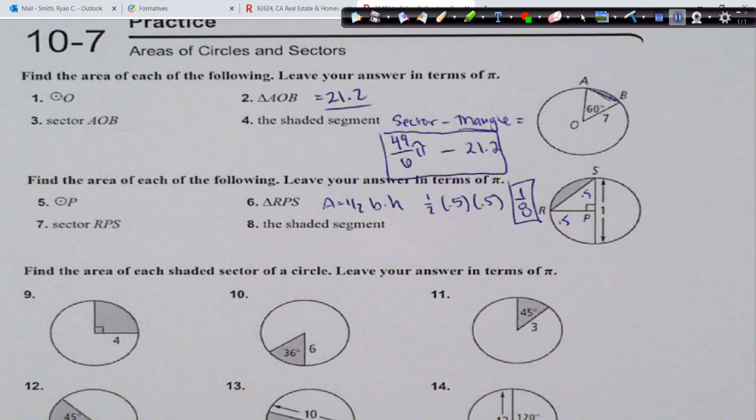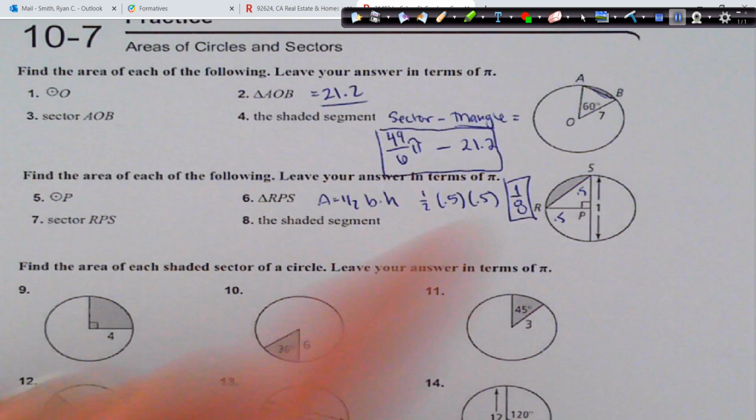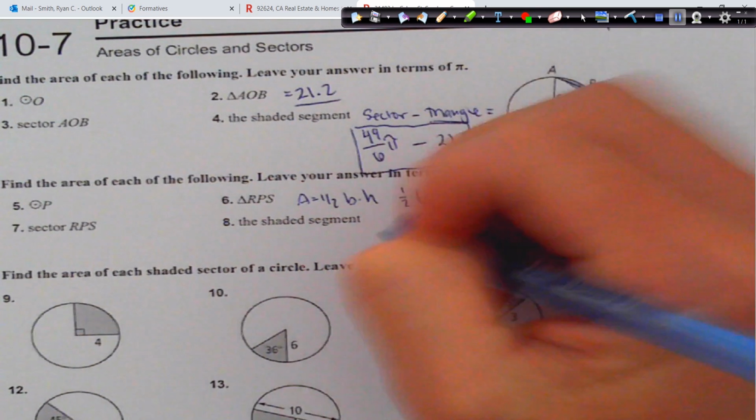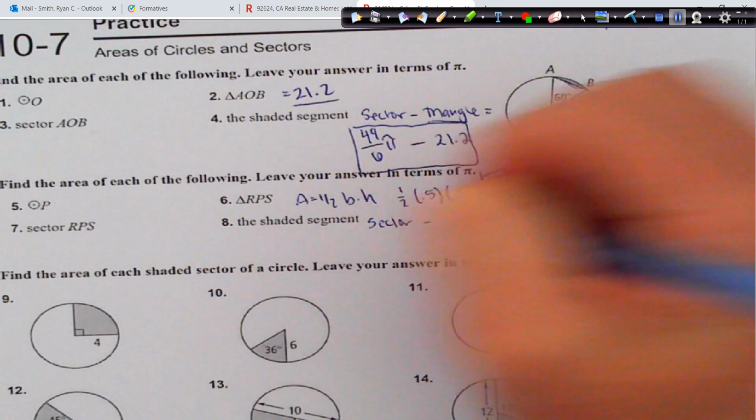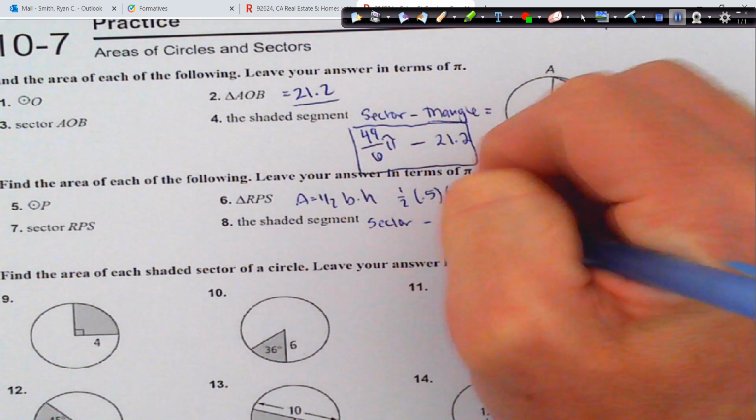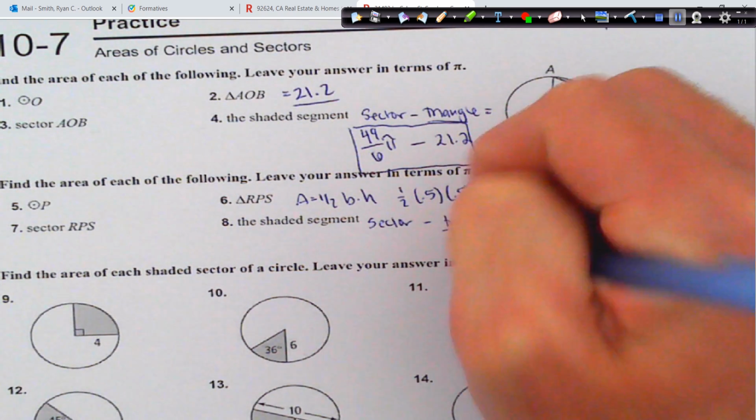And then number 8, the shaded segment. Again, you have to find the area of the sector, and then you're going to subtract the 1/8. So same thing here, it's the sector minus the triangle. And so we get 1/8 minus the sector.